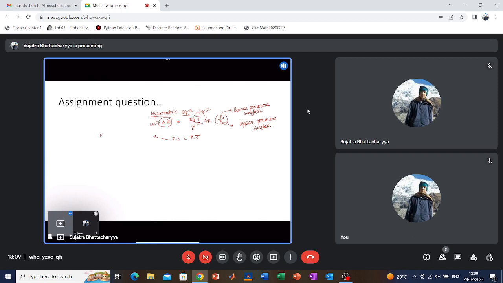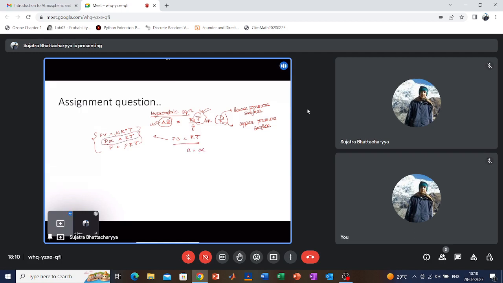One is PV is equal to mu R star T. Second is P alpha is equal to RT. Third is P is equal to rho RT. Now comparing with this equation, we can easily find that it is matching. Therefore C should be equal to alpha.